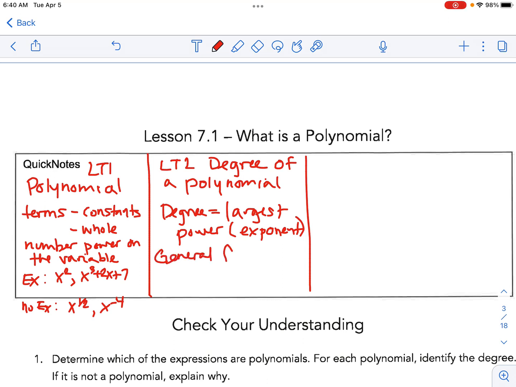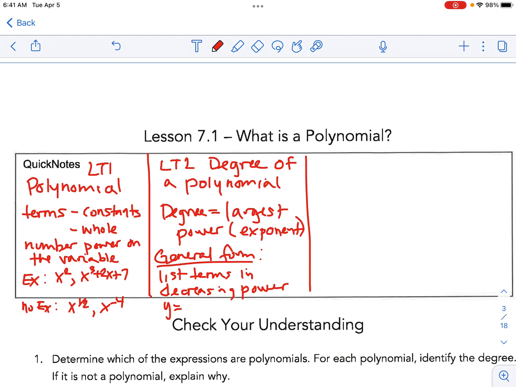And then we have a general form, sometimes called a standard form, although I think general form is probably better. And that's where you list terms in decreasing power, so from highest power to lowest power.